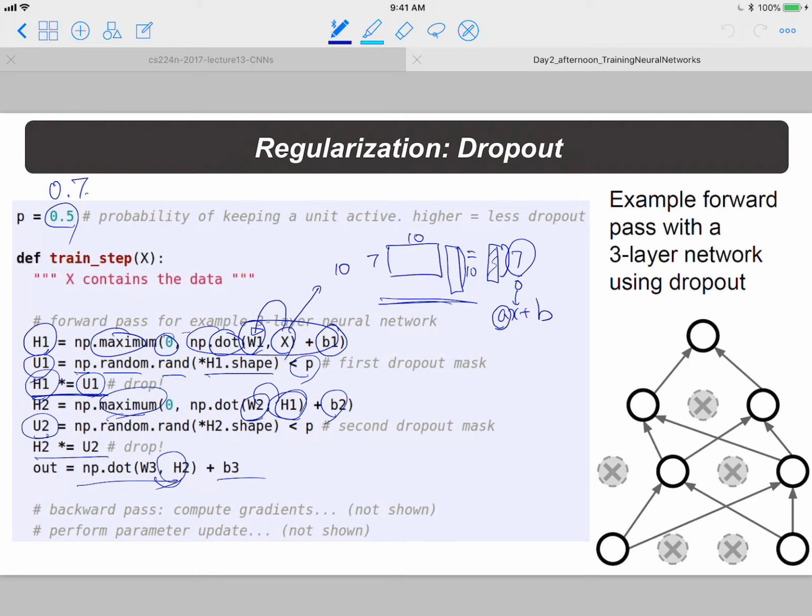I thought of moving the additional multiplication by p from testing time into the training phase, like so: this is the dropout mask, and then H1 times 1 over p.